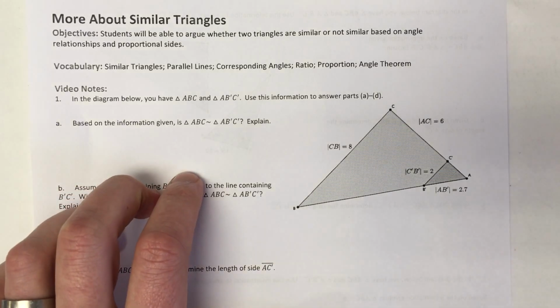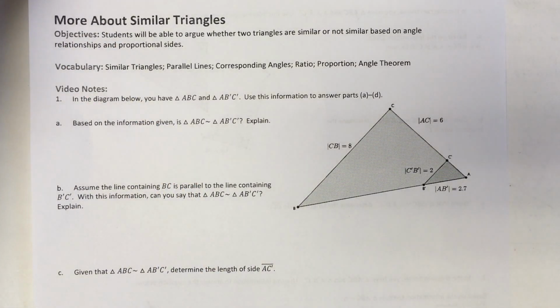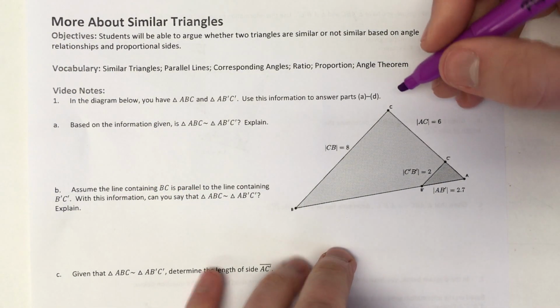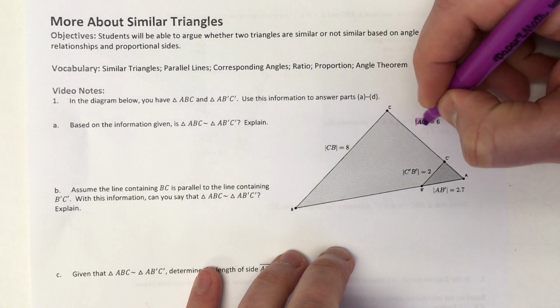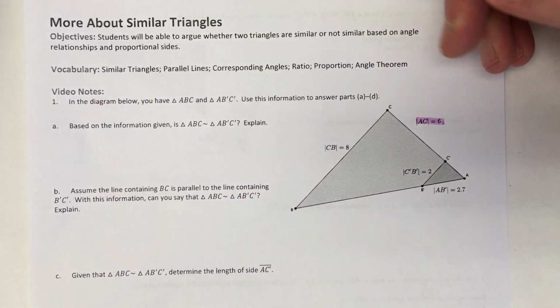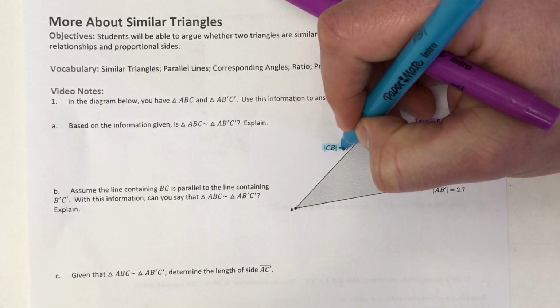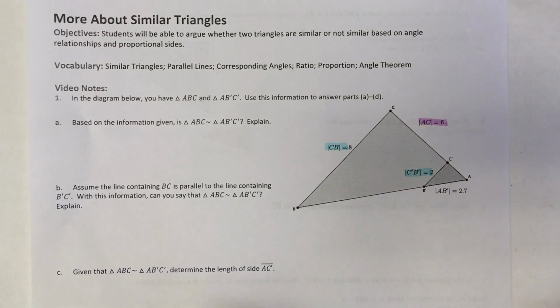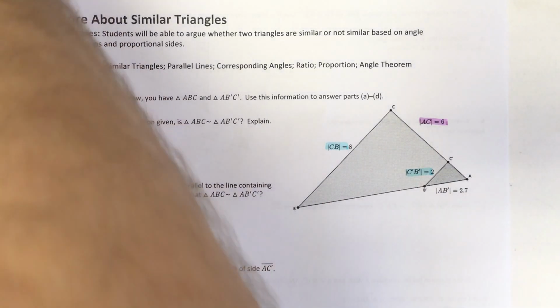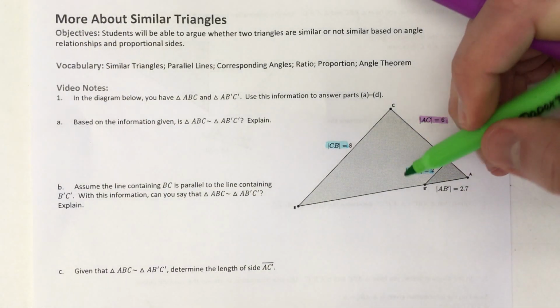And so, as you look at some of the things we're given, we are given a side length. We're given a pair of corresponding sides, and we're given the last part.